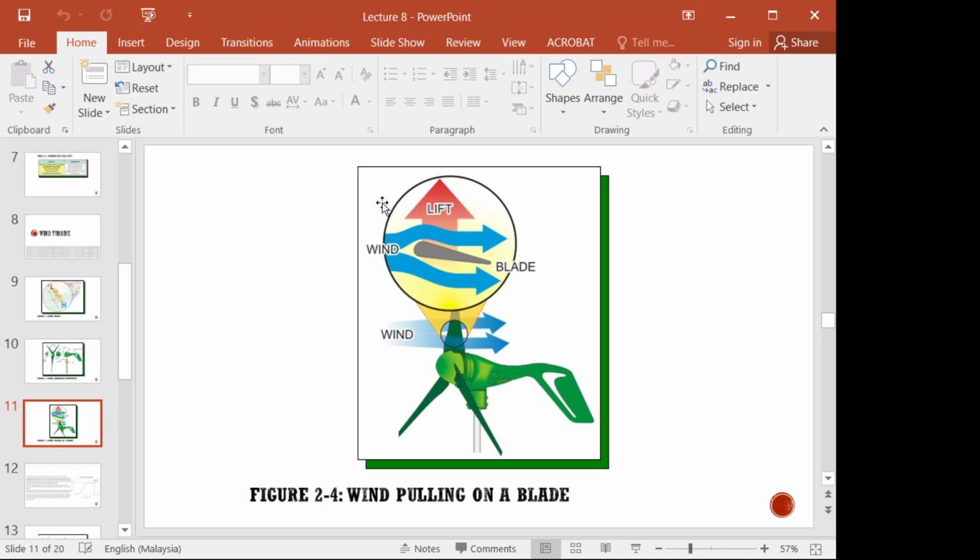Therefore the blade starts to spin. So when one side of the blade has lower pressure and the other side has higher pressure, the blade will start to spin.